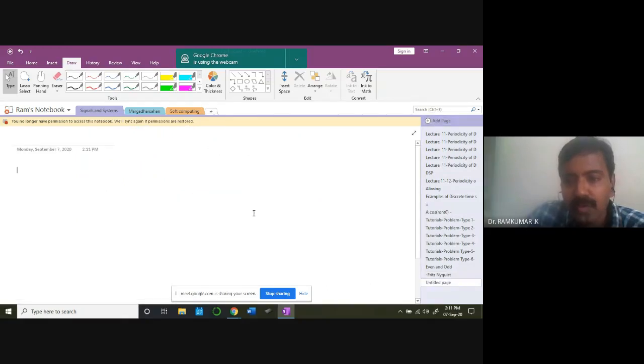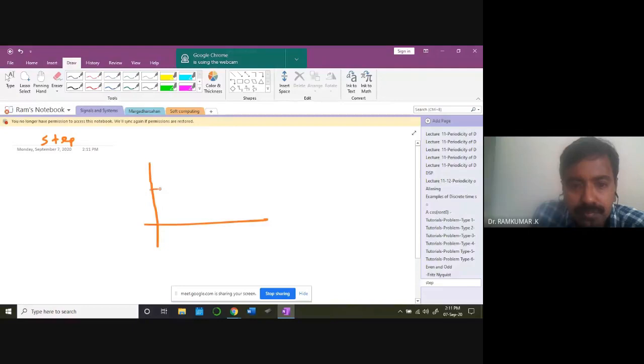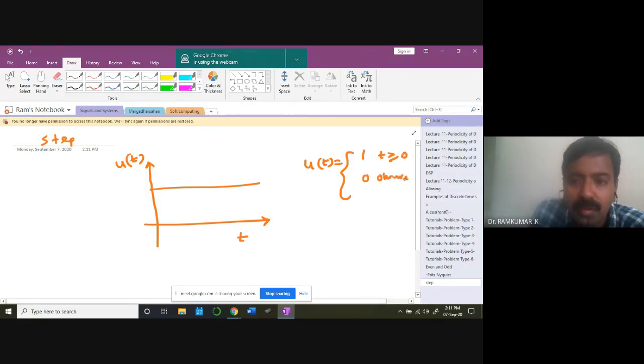So you know that it's a step signal. So this is your u of t. Always remember the definitions. You should not forget. If somebody asks you what a step signal is, you should define it. u of t has value equal to 1 for t greater than or equal to 0, otherwise 0.